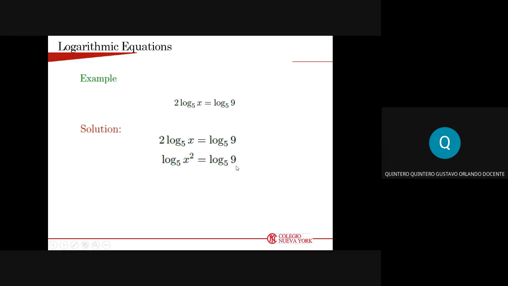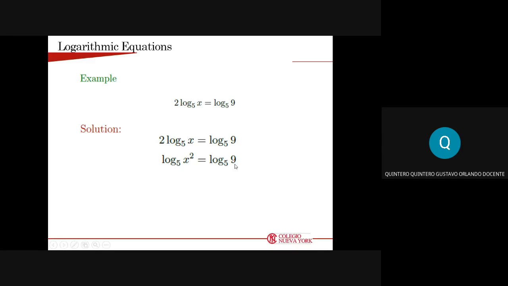Take a look at this. There it is. The little 2 is now an exponent. That is one of the properties. And now I have a logarithm in front of the value to the right and a logarithm in front of the value to the left on both sides, right?